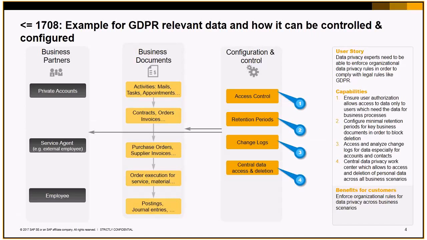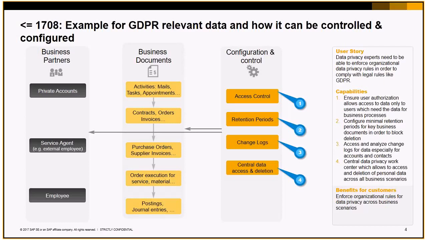So let's look at what functionalities SAP Business ByDesign offers with the current release, which are relevant for GDPR. First of all, of course, we store private data for individuals. That means for private accounts, service agents, or also employees. And for all those business partners, data might be stored in Business ByDesign. That might be business documents like activities, emails, tasks, contracts, orders, and so on.